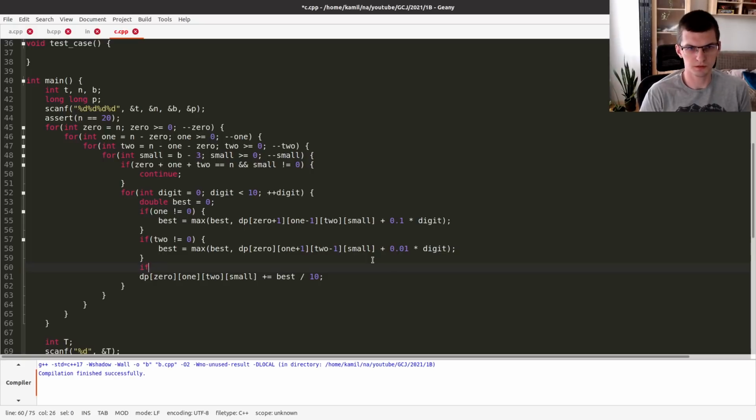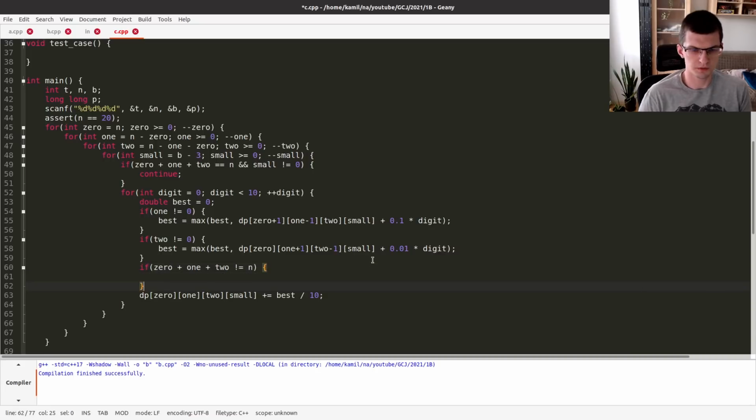Finally, if this is the case, then this is a special case where small transforms to a 2.